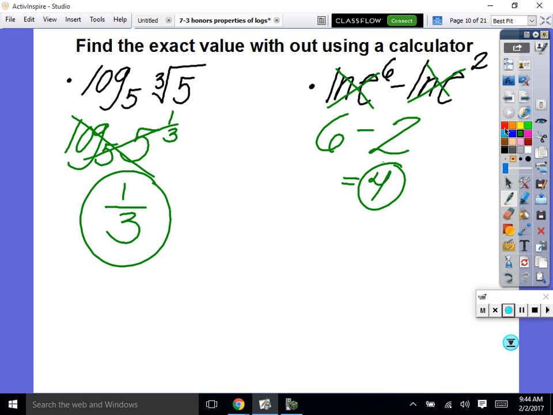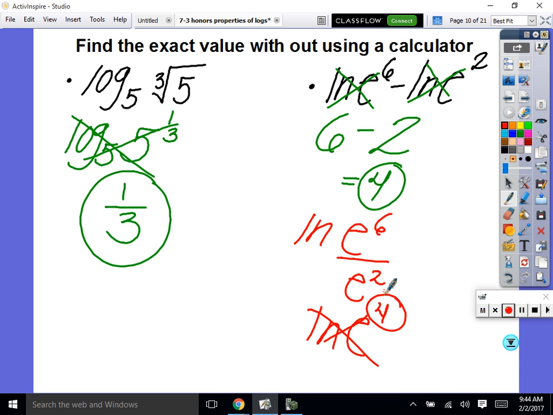This is a little bit longer of a process. So we could put the ln's together. So ln of e to the 6, when you subtract, you divide. So e to the 6 over e to the second. Now when you divide the same base, you subtract your exponents. So ln of e to the 4th, and then ln and e cancel out, so we get 4. Two different ways of getting it.